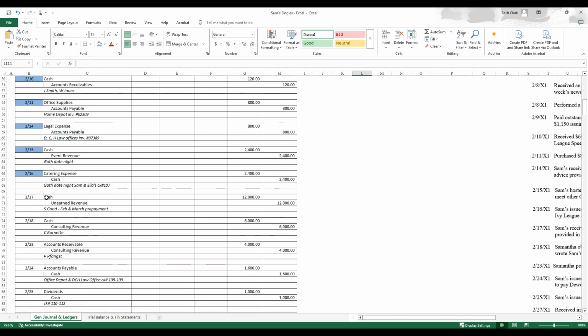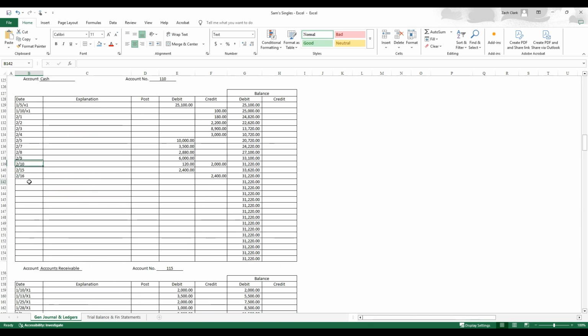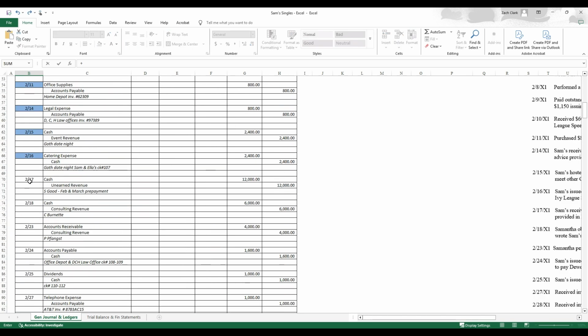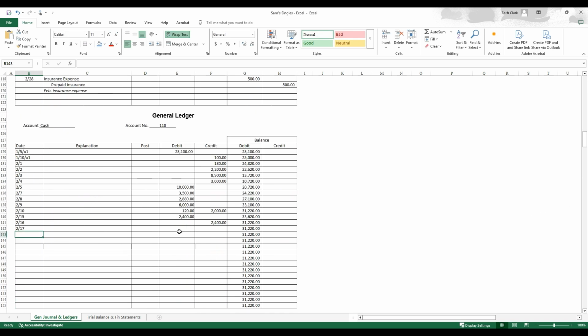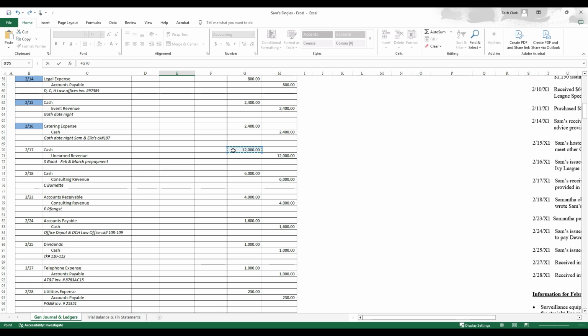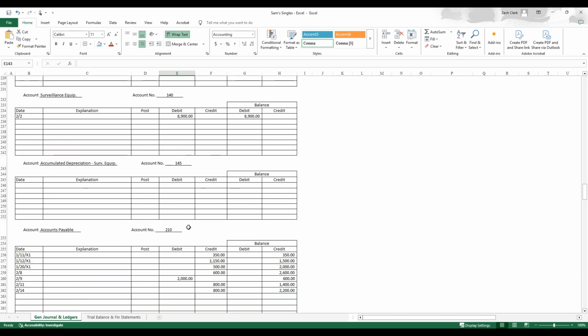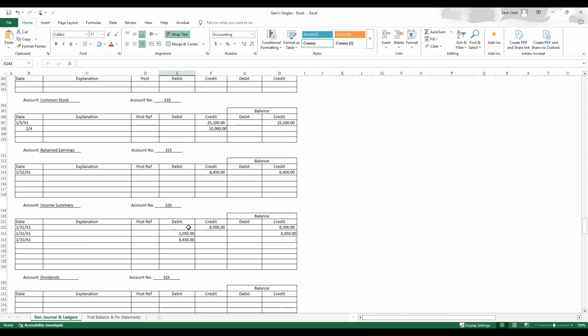Okay. So we're on to February 17th. And cash and unearned revenue now. Increasing to cash of 12,000. And an increase to unearned revenue.